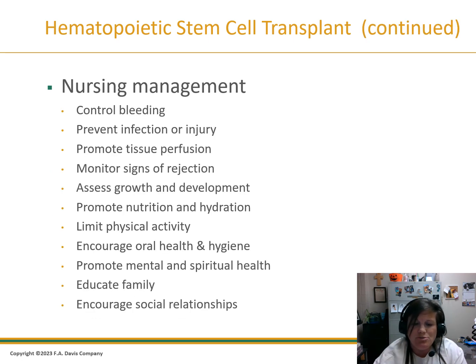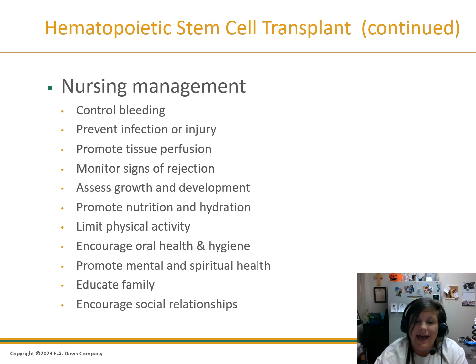So our nursing management for these patients will include all that we've just said: controlling the bleeding, preventing infection and injury, which can result in bleeding, promoting good tissue perfusion, looking for signs or indications of rejection, specifically GVHD, assessing the patient's growth and development, making sure they're getting adequate nutrition and staying hydrated, monitoring their physical activity.